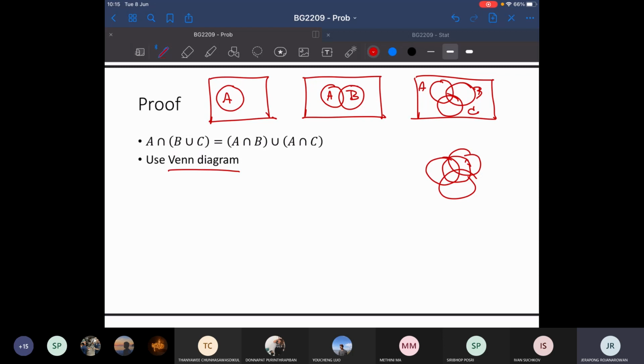You have to imagine 3 balls like this and another ball on top. You have to use 3D for A, B, C, D, which you cannot draw on paper. So we can draw only A, B, C. Now we're going to use the Venn diagram to prove this one.